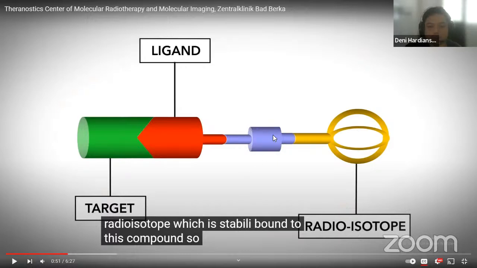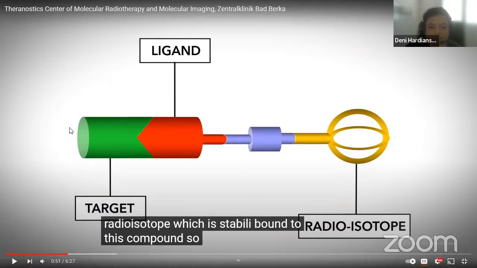This is something that can hold together the ligand and radioisotope to move together. It is like a seat belt, I already told you in our previous meeting. And then the second one is the radioisotope. This is the one that can give us the radiation. So this is the radioactive substance. And then this ligand is basically the one that can help us to find the target.